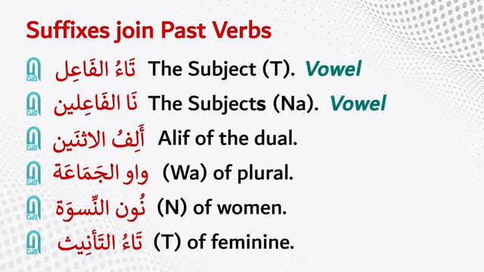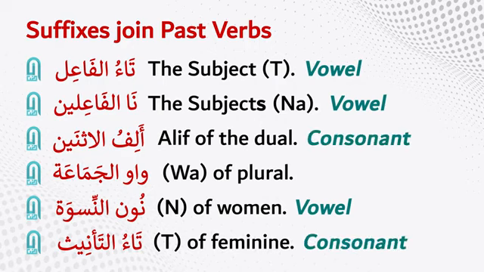Ta'ul fa'il, na al-fa'ilin, and noonun niswa are vowels. The consonant suffixes are ta'ut ta'nith, aliful ithnain, and waw al-jama'ah. This is important in conjugating the triple duplicated verb, so keep this distinction in our minds.